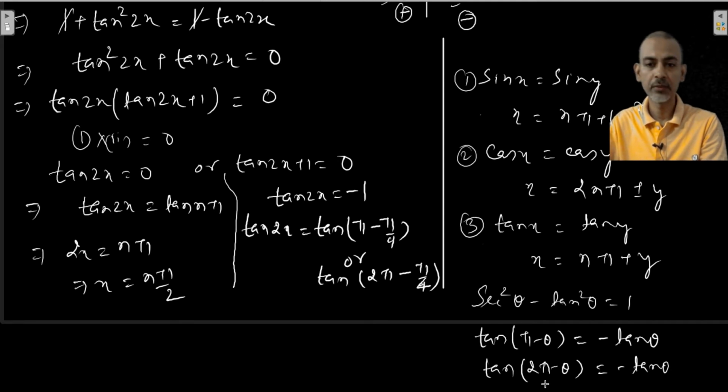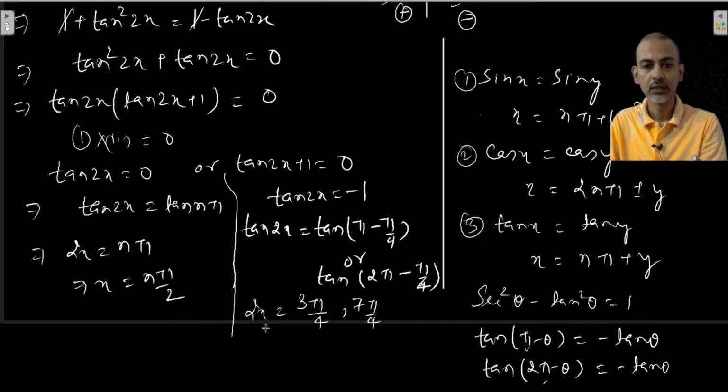This is an even multiple of pi, so tan will remain tan, and since pi minus theta is falling in the second quadrant, it will become negative, and this will become negative because it is falling in the fourth quadrant. So what we have got here is 2x equals pi minus pi by 4, which is 3 pi by 4, and then 2 pi minus pi by 4, which is 7 pi by 4.